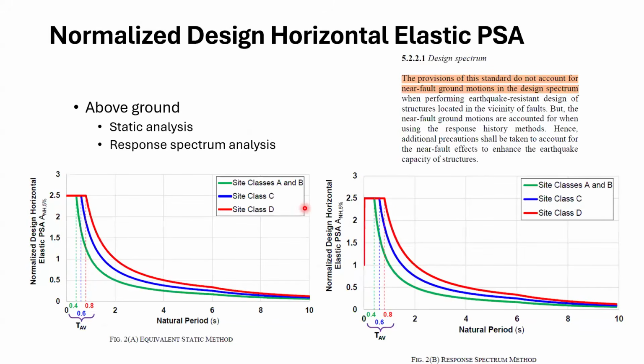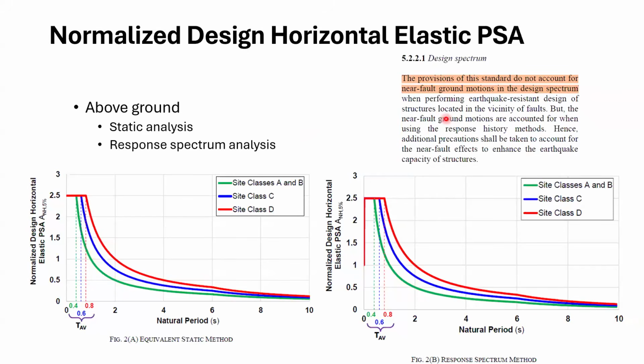The normalized design horizontal elastic spectra is given, one for above ground and one for below ground. So for the above ground, we have these two. The values are listed with the formulas. We can use that and identify the normalized design elastic acceleration.